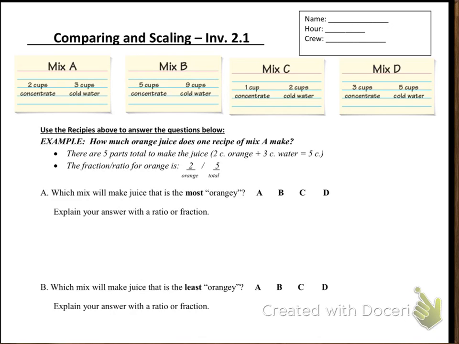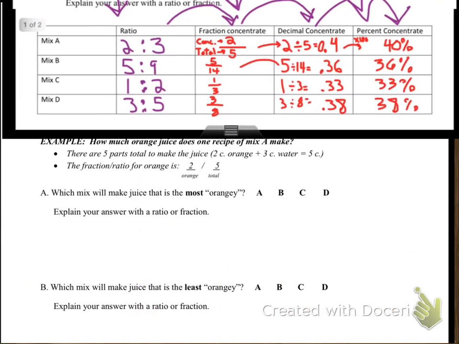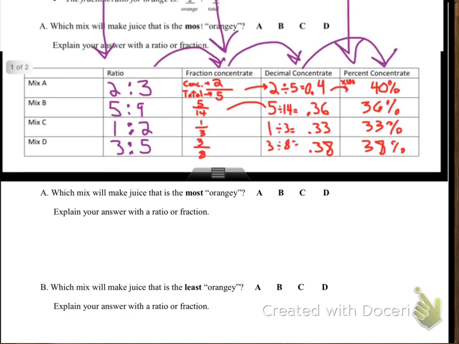The first one, question A, asks us which one is the most orangey. I know that's a really weird thing to say, but which one tastes the most like oranges? I'm going to take up my little cheat sheet here, my little table, and which one percentage-wise, remember percents are always out of 100 so we can compare them really easily, which one has the highest percentage?